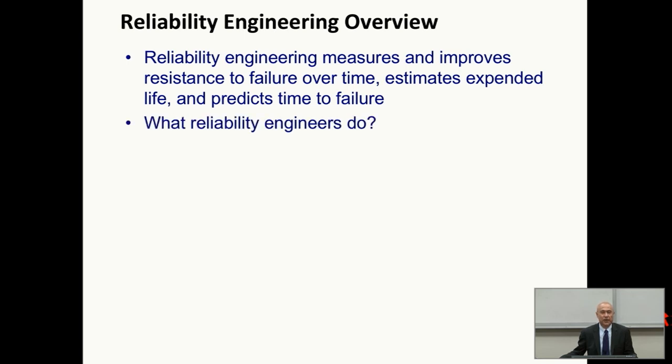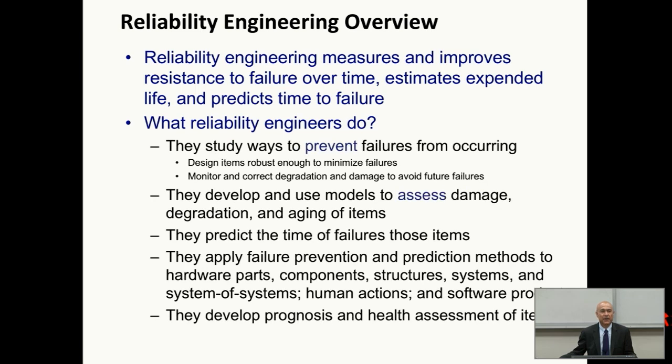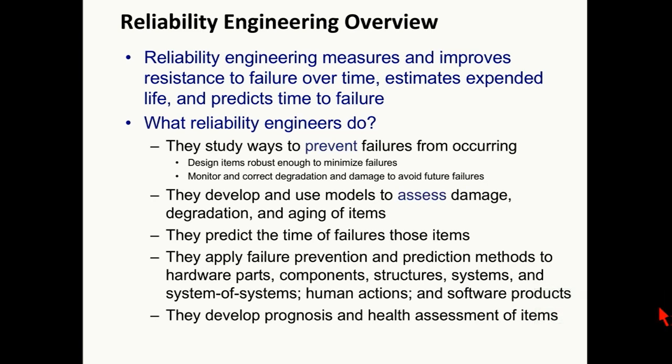So what do reliability engineers do when actually doing this kind of engineering analysis? They study ways to prevent failures from occurring, and this means that they design items robust enough that failures don't occur, or at least occur a very minimum number of times.